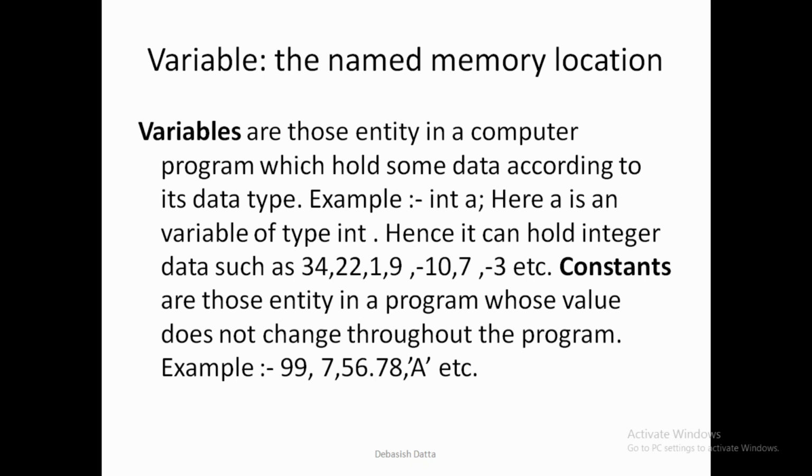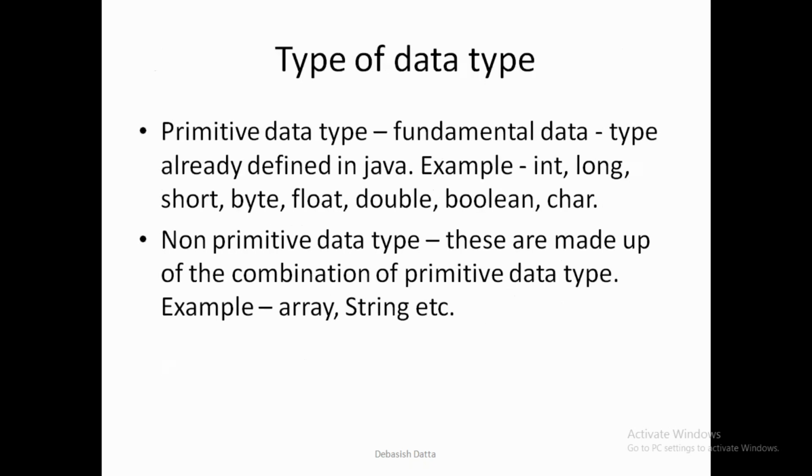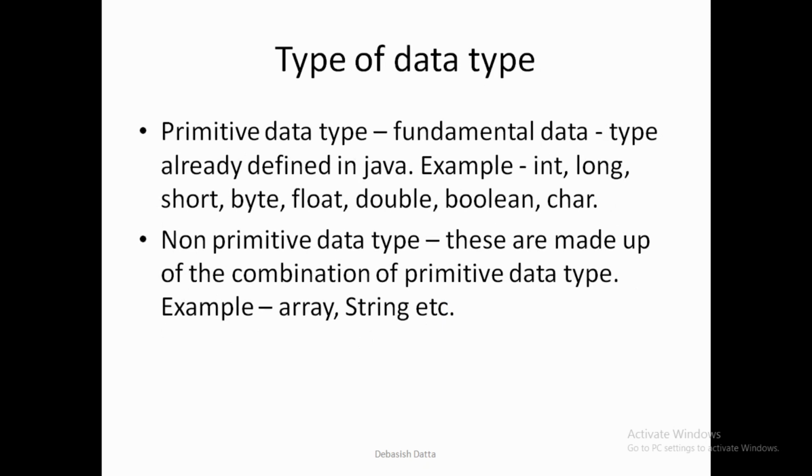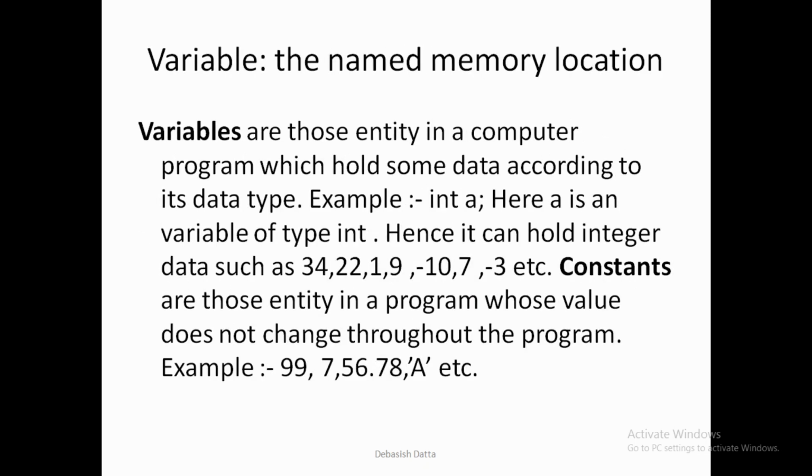Now, as I have already said, a variable must have a data type. Naturally the question comes: what is a variable? A variable in a computer program is used to hold some value.